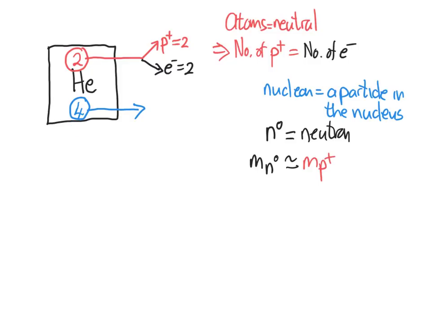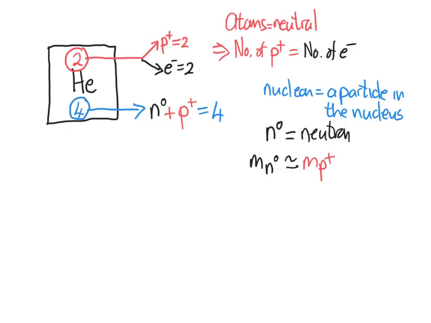So this number constitutes the number of neutrons plus the number of protons, and it equals 4.